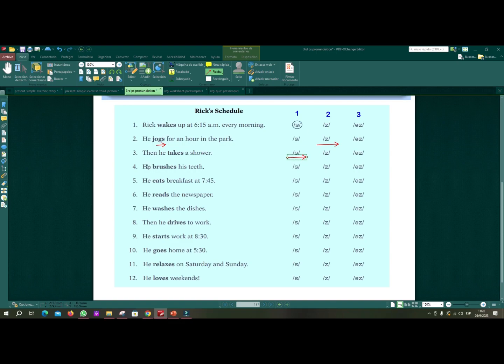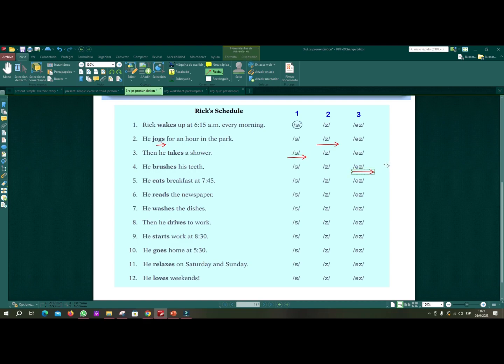Number 4, he brushes his teeth. Brushes, right? SH, le agregamos S, entonces el sonido es el tercero.